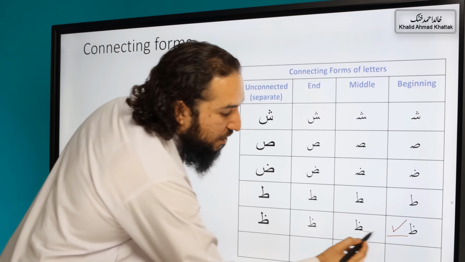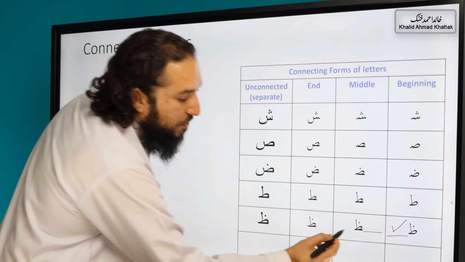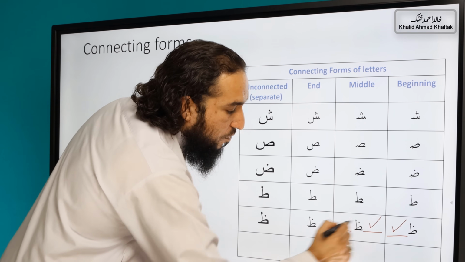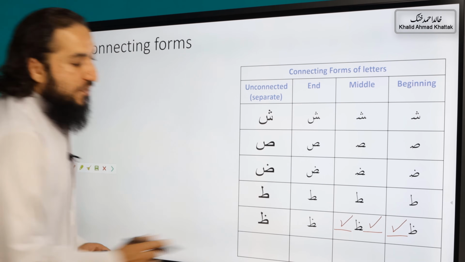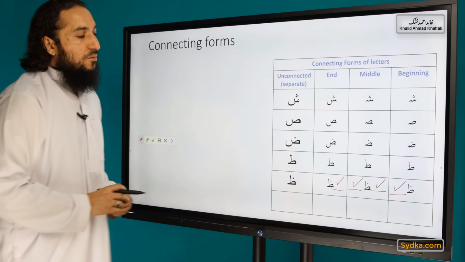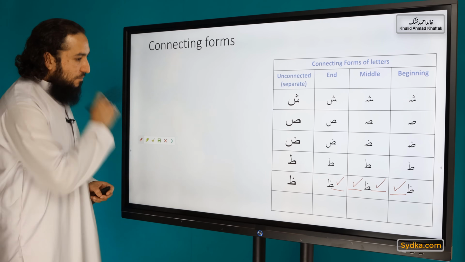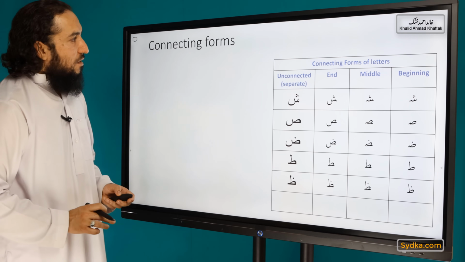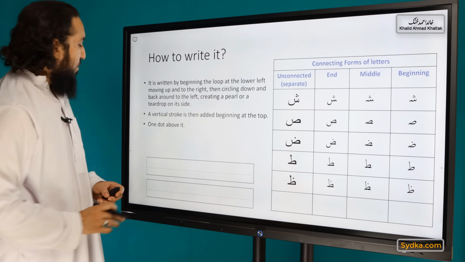If it is in the middle, other letters can be connected with it before or after. And if it is written at the end, other letters can be connected with it before it. So that's the connecting form, how it is written.